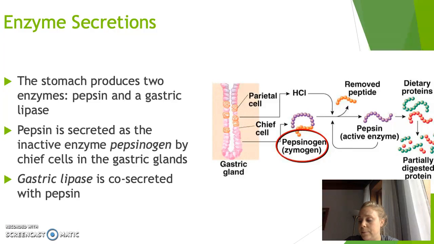Acid then stimulates the short reflex secretion of pepsinogen. Once in the stomach lumen, pepsinogen is cleaved to active pepsin by the action of hydrogen, and from there, protein digestion can begin. The gastric lipase is co-secreted with pepsin as well, and lipases are enzymes that break down triglycerides. However, less than one third of fat digestion actually takes place in the stomach.